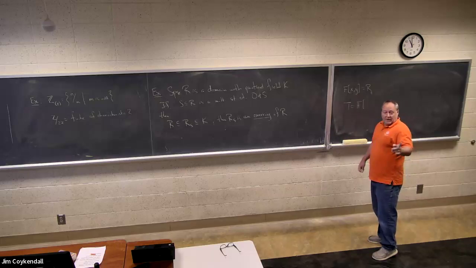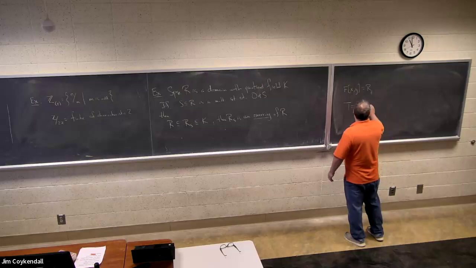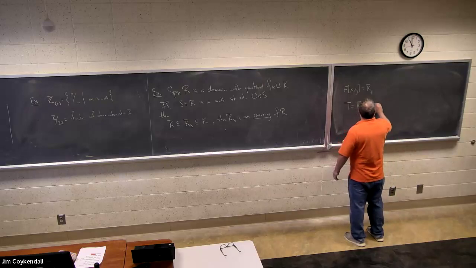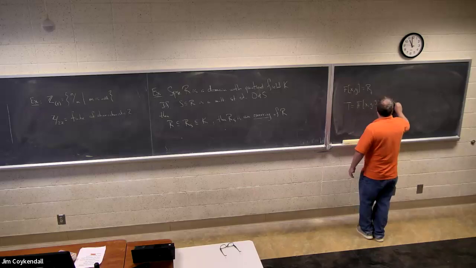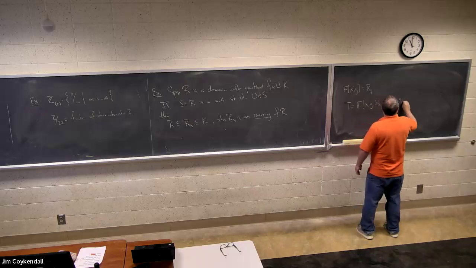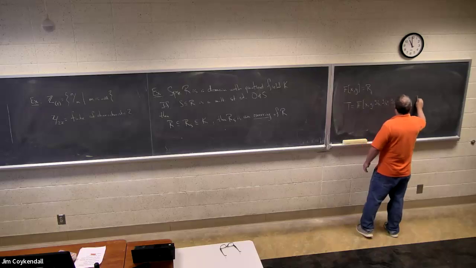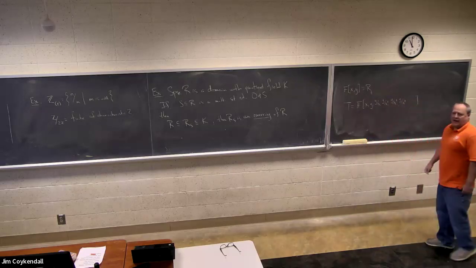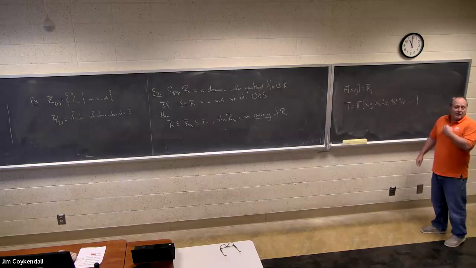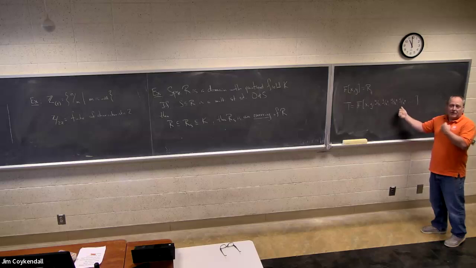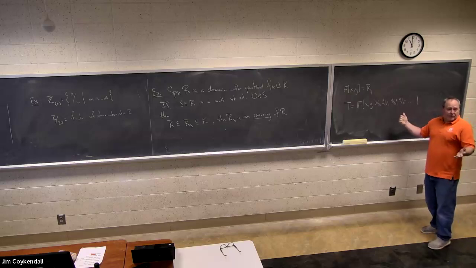But let me give you an overring that's not a localization. Actually, I don't even think I have to keep going forever. I could have stopped at Y over X. But I do have a flair for the dramatic. And I also like this example because it kills two birds with one stone.